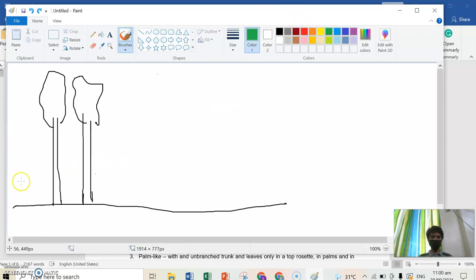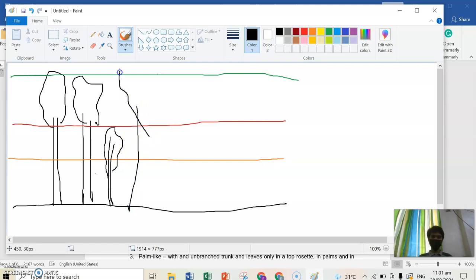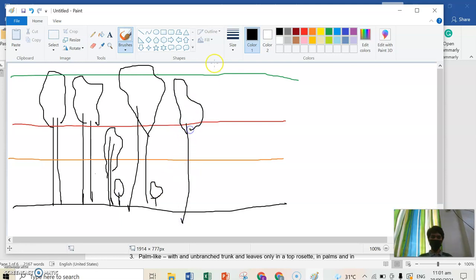Let me put a green layer, a red layer, an orange layer. Okay, so we have here different tree species in this layer, in the forest strata.